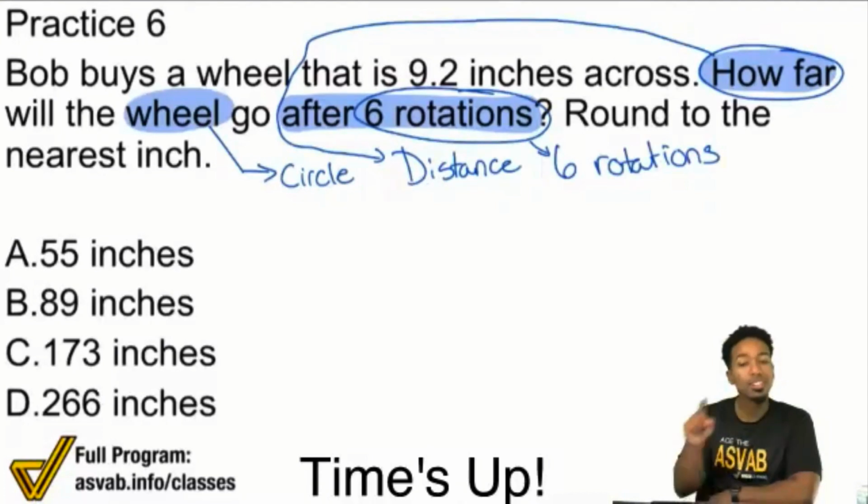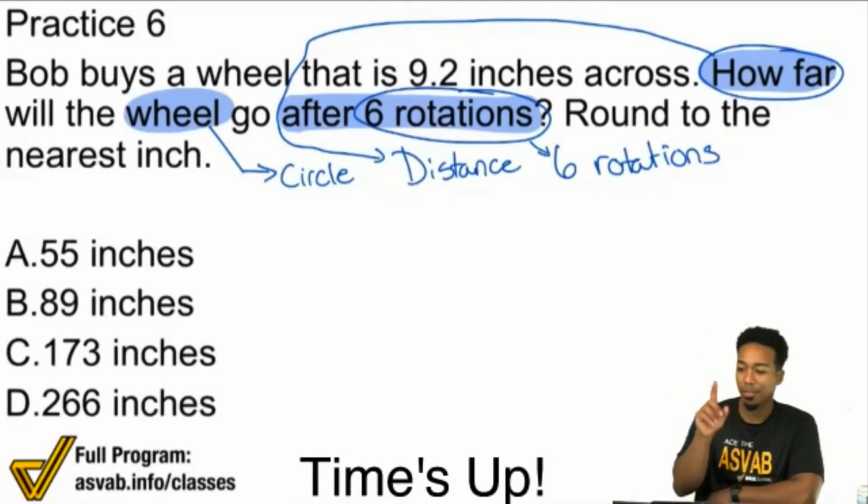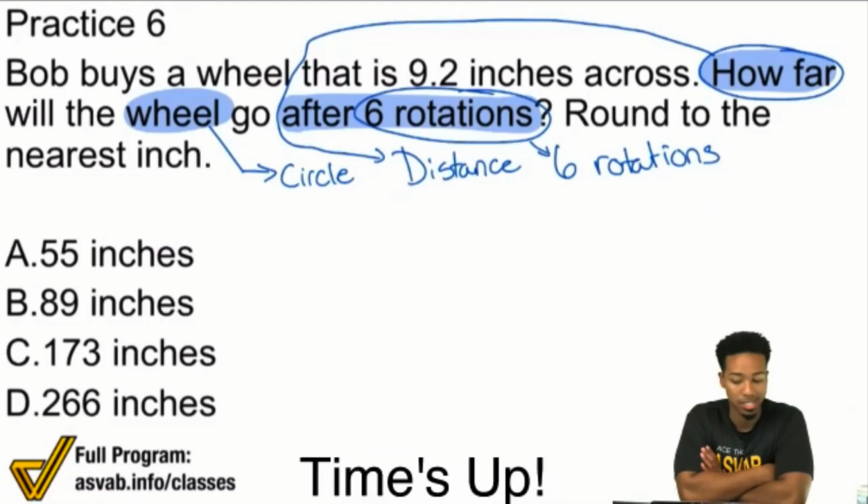I have completed one circumference there. One complete circumference, 2 circumferences, 3, 4, 5, 6. So everybody, is it fair to say that if I found what one circumference was, I could multiply it by 6 to get 6 rotations, to get the distance for 6 rotations?